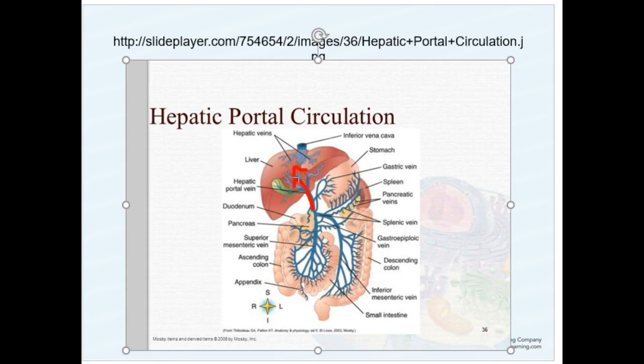And what will happen is it backs up into these veins. And these veins will actually leak some of it out into the abdominal tissues. And these veins will distend actually around the umbilicus. And it'll push fluid back into the esophagus, and you'll get varices.